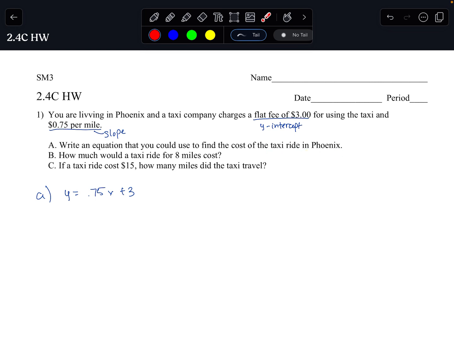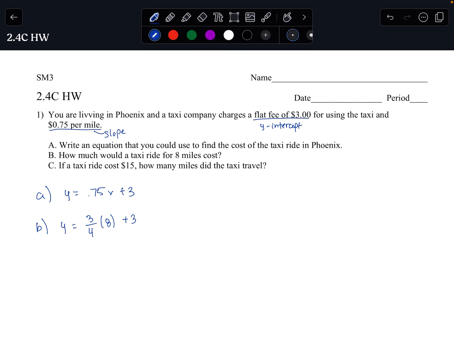How much would a taxi ride for 8 miles cost? So using this model, I'm also going to write 0.75, that's the same thing as 3/4. So I'm going to plug in 8 for x, because that represents miles, plus 3, and then just do some math here.